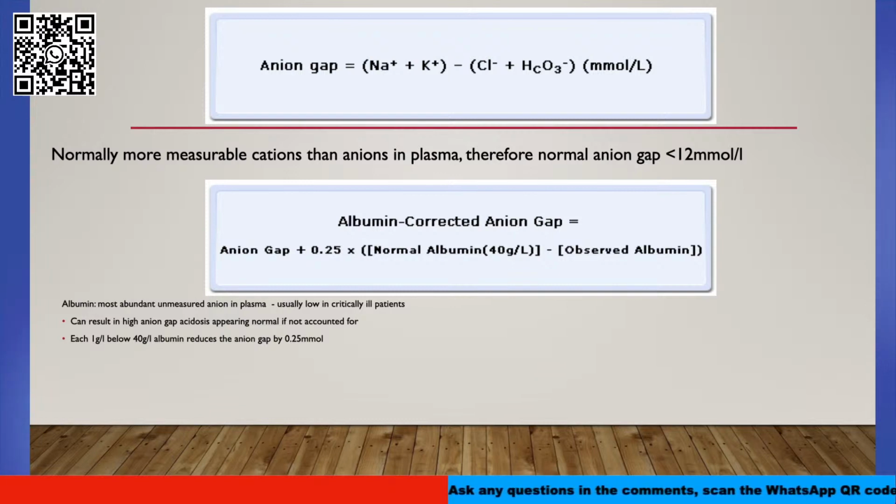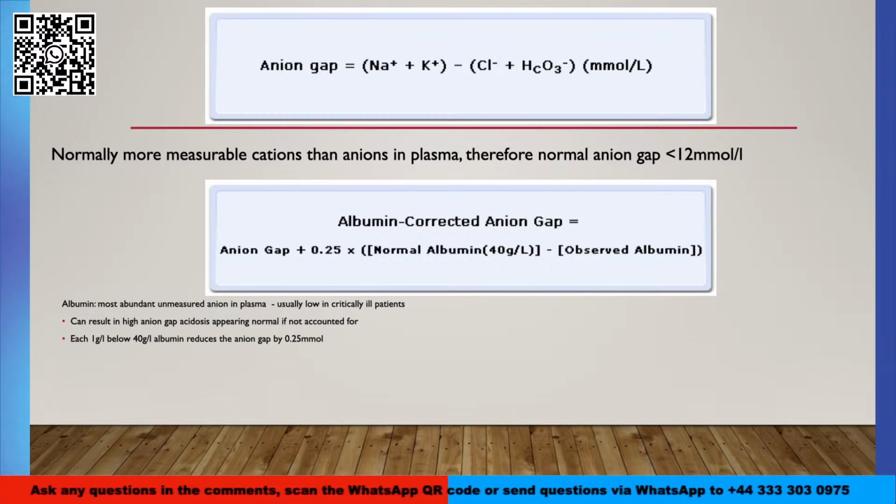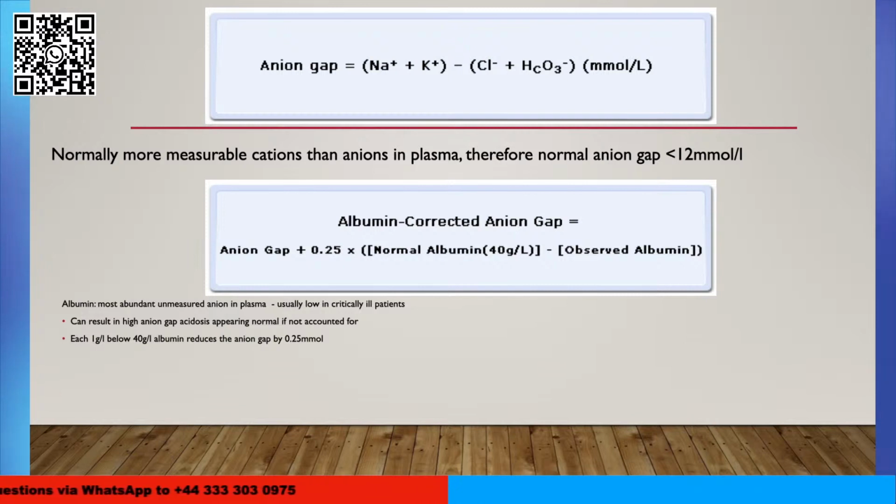So if you don't account for a low albumin in your patient, you can end up showing a high anion gap acidosis as a normal anion gap acidosis. For every gram per litre below 40, your albumin will reduce the anion gap by 0.25 millimoles. So I've just popped the equation in for the albumin-corrected anion gap.